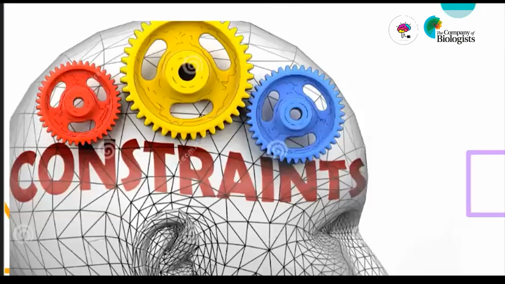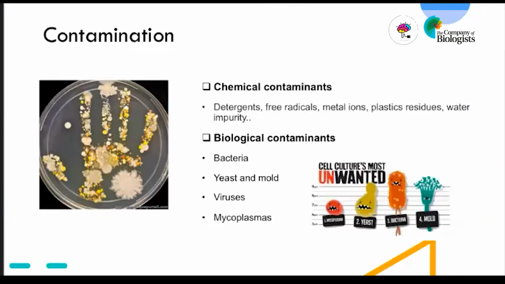Let's conclude with the constraints, mainly contamination. In cell culture, we face two main types of contaminants, chemical and biological.